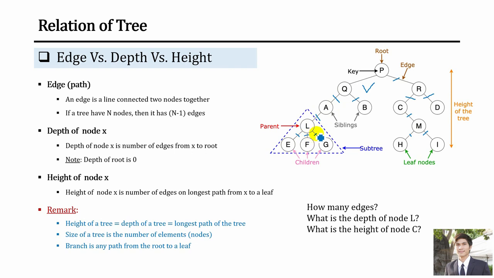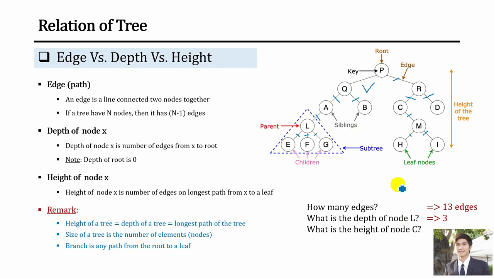We have 13. And what is the depth of node L? Based on the definition, the depth of a node is the number of edges from x to the root. So to find the depth of L, you count the number of edges from node L to the root. In this case we have 3.